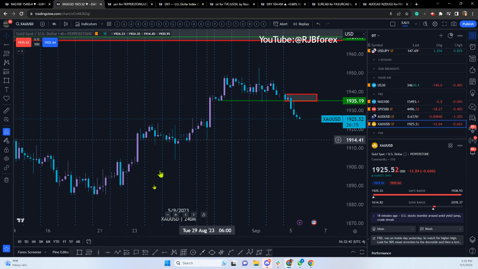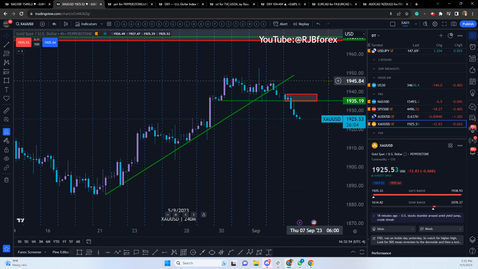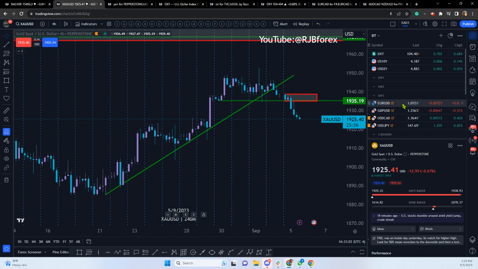But the direction of this market leans bearish. Now, that doesn't necessarily mean that the dollar has to rise. Gold could still fall along with the US dollar.